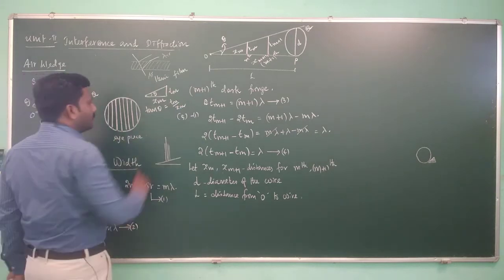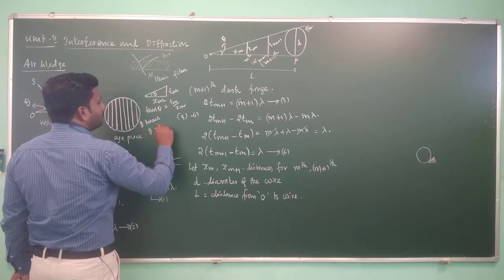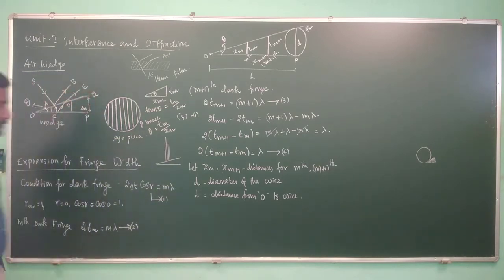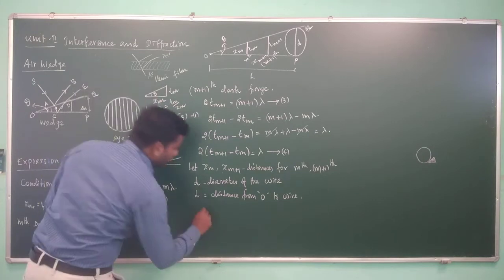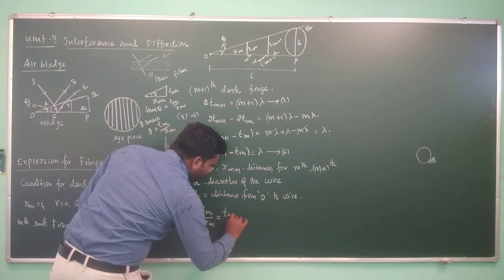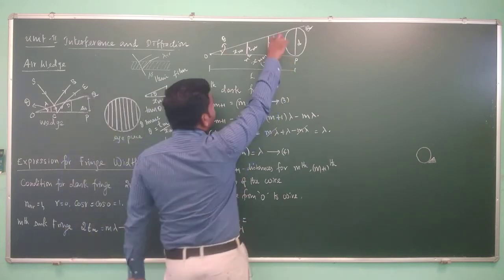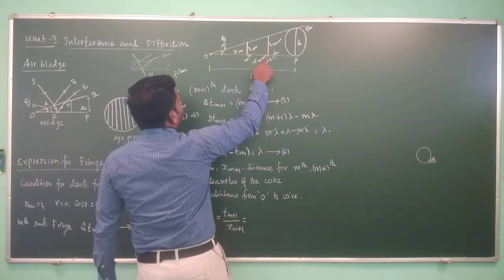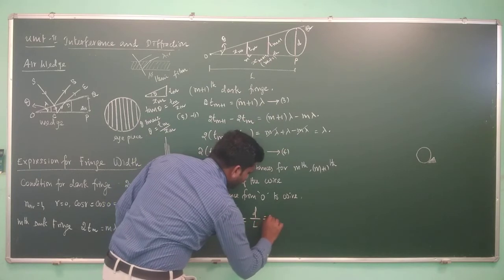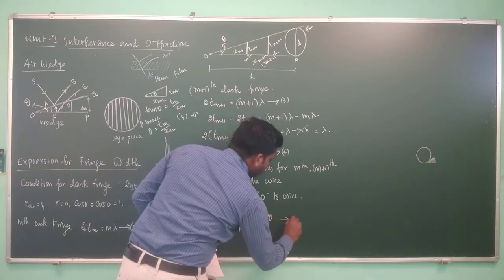When theta is small, you can approximate tan theta to theta, so it becomes theta equal to Tm by xm. Okay, so in that analogy, we can write Tm by xm equal to Tm plus 1 by xm plus 1, or D by L equal to theta. This we can write as equation number 5.